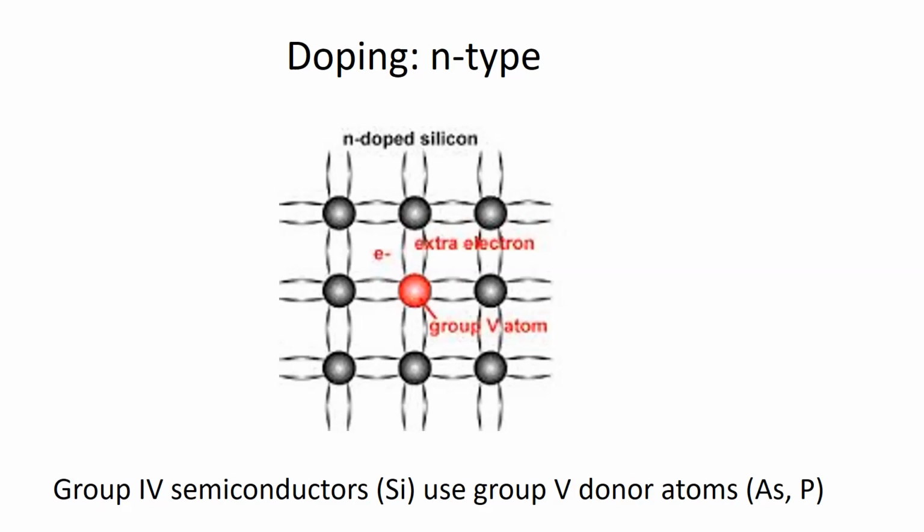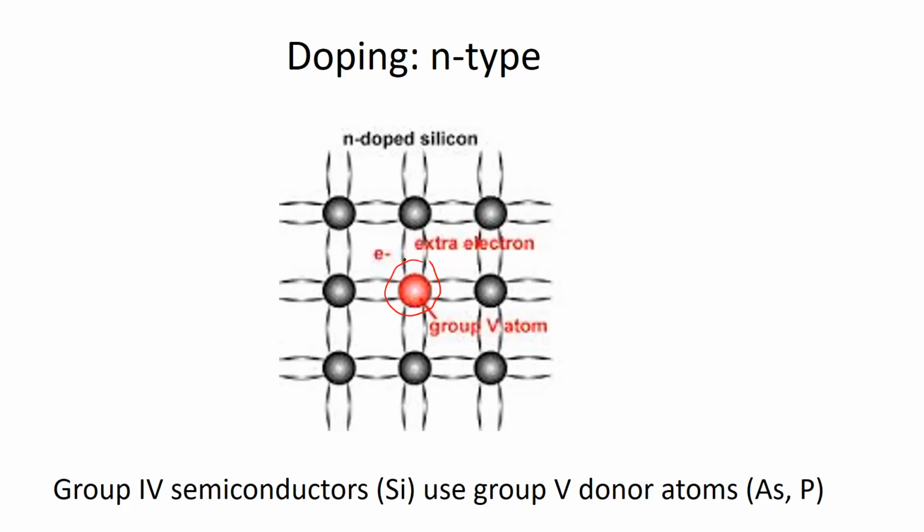Now, when arsenic is introduced, or any group 5 atom that's suitable, the arsenic atoms replace a small proportion of the silicon atoms. This is the replacement atom drawn here in red, but silicon only has 4 bonds it needs to share, and arsenic has 5.